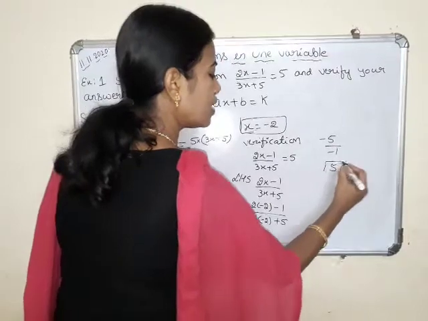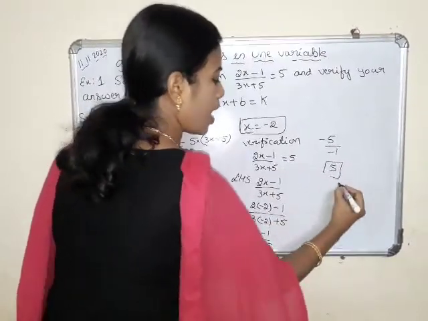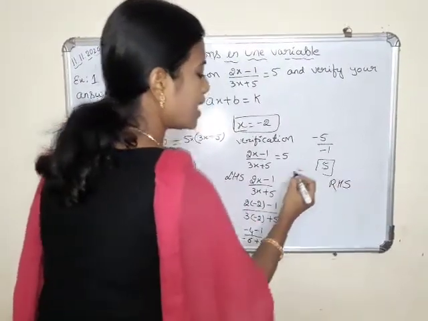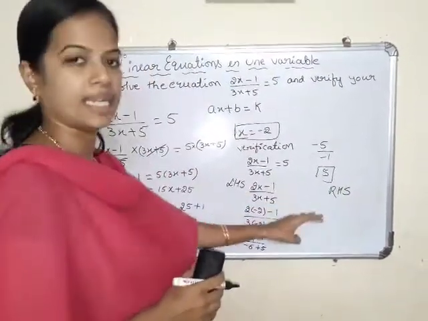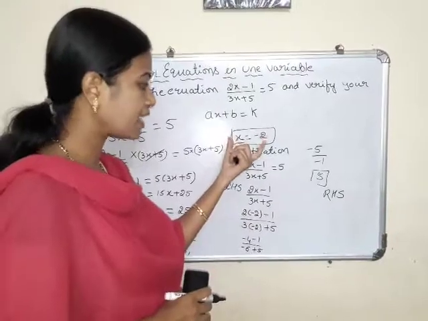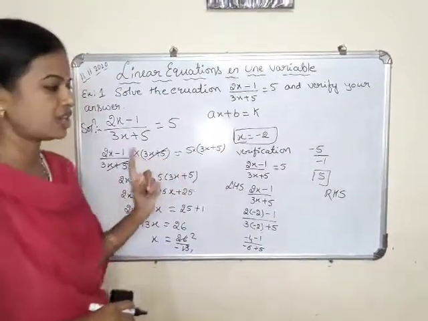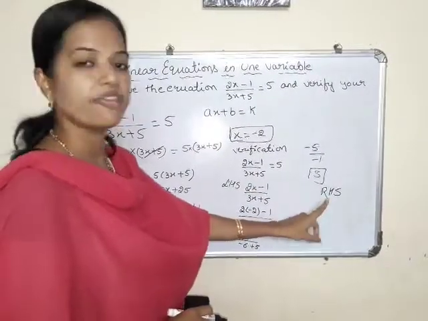We got here the RHS. By taking the LHS we proved the RHS. Hence verification is completed. The x value that we found is the solution for the given equation. Hence we proved, or hence verified.